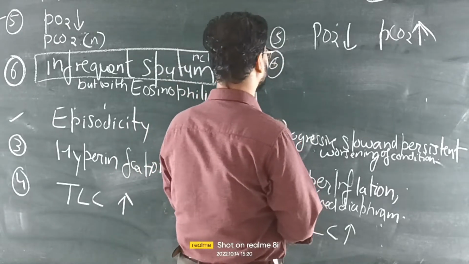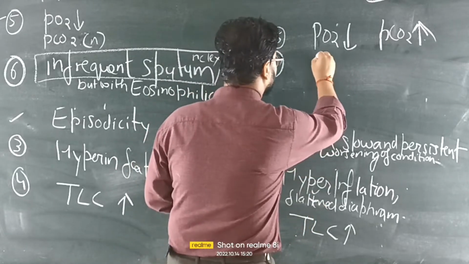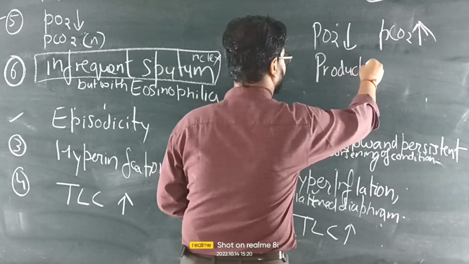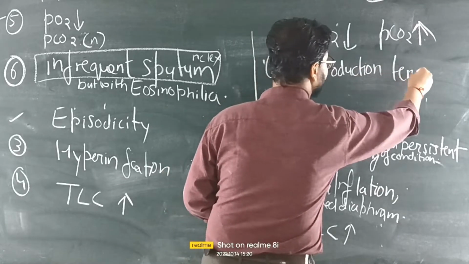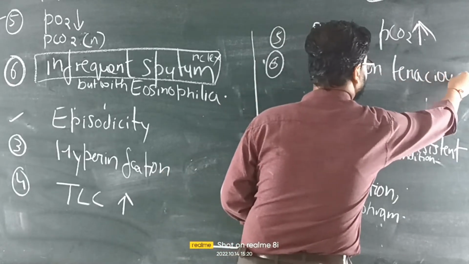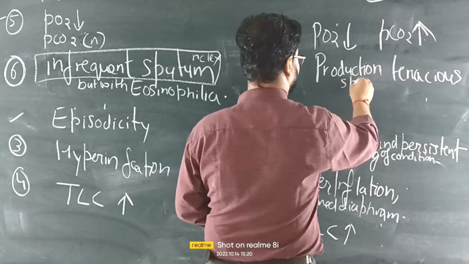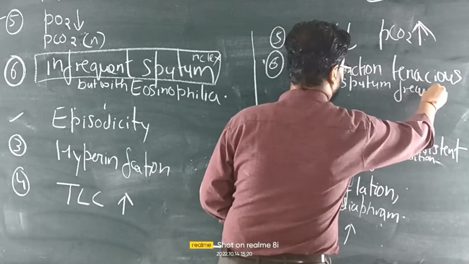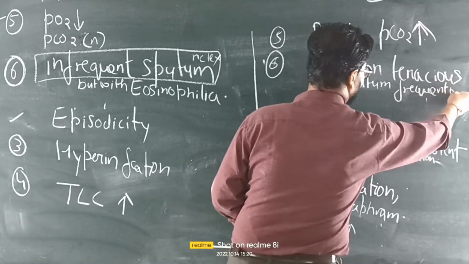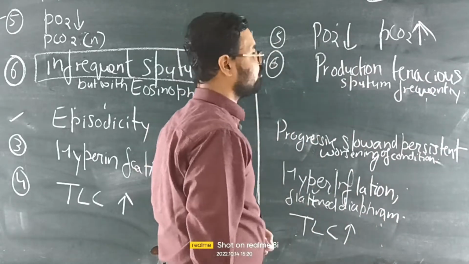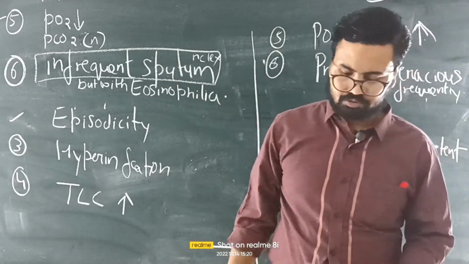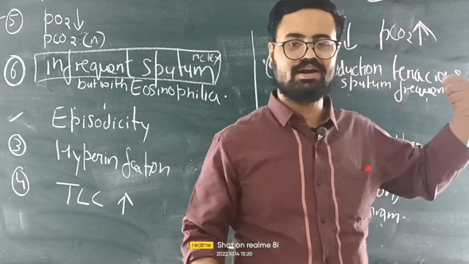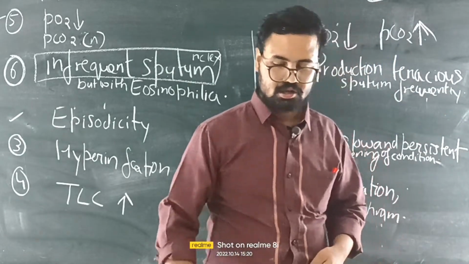What will actually happen is productive, tenacious, means sticky, sputum, frequently seen, means regularly we will observe the production of tenacious sputum. So these are basic similarities and differences between an asthmatic patient and a COPD patient.